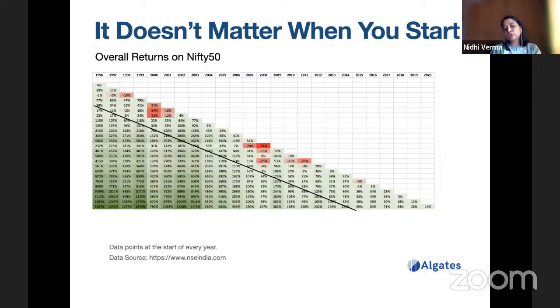The market is going to give you the returns which it has to offer. And these turbulences which are happening in the market are short term, and you have to ignore them and just stay invested. So it actually doesn't matter when you are starting. You just have to stay invested and give time to the market to do its own work.